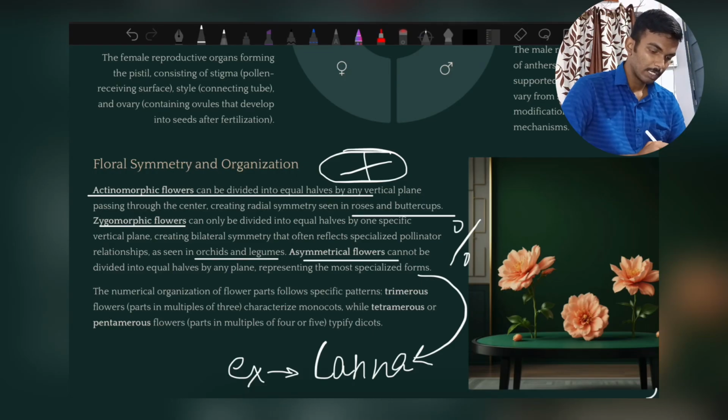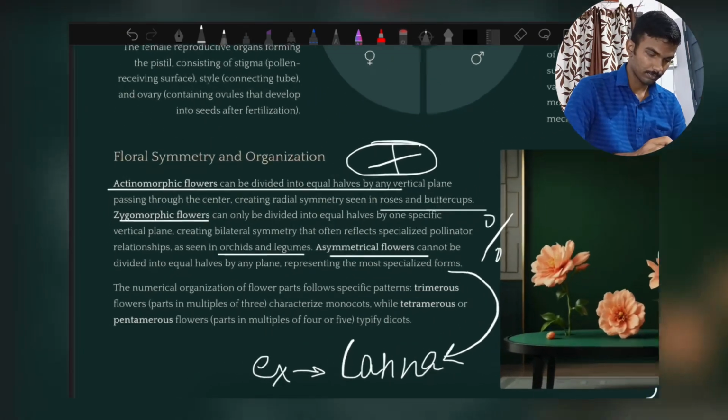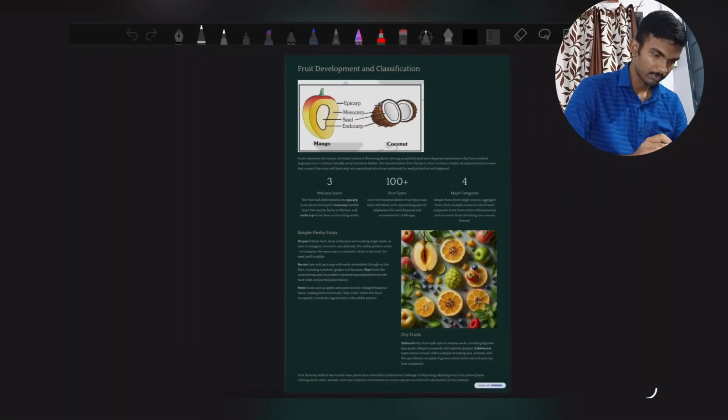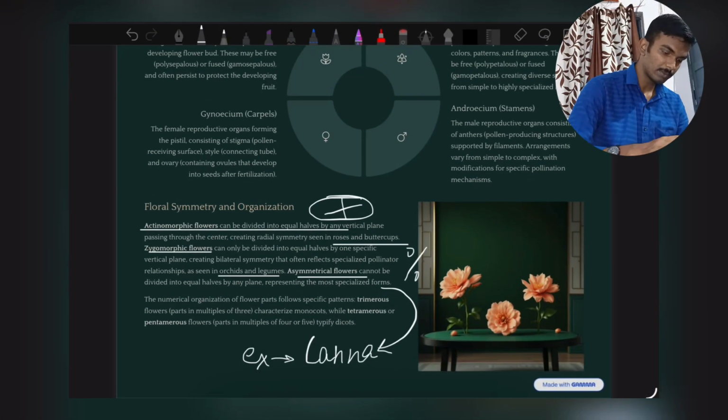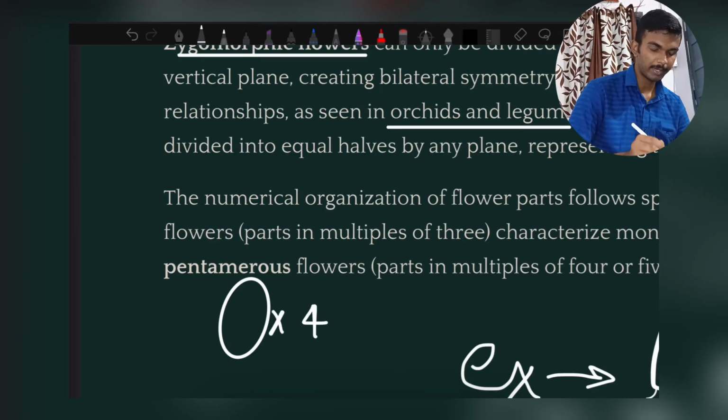Numerical organization of flower parts follows specific patterns. Trimerous flowers, with parts in multiples of 3, characterize monocots, while tetramerous or pentamerous flowers, with parts in multiples of 4 or 5, typify dicots. It is the number of petals. If it is 4, then tetramerous.